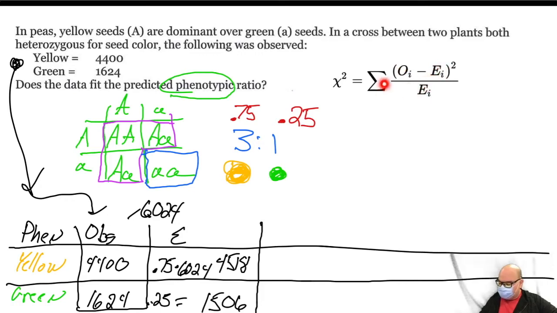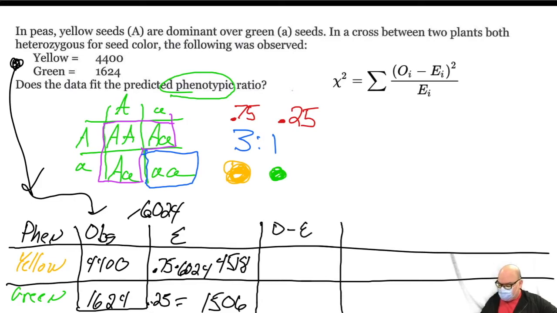Okay, and then we're going to take the sum of all those. So we take observed minus expected. Okay, so we're going to subtract these two. And let's go ahead and write observed minus expected.